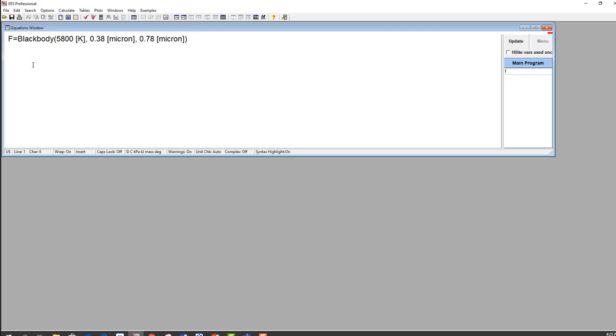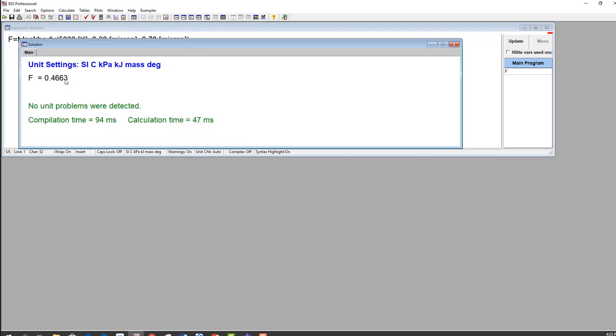So what this should give me is the fraction of the energy emitted by a 5800 Kelvin blackbody that happens between 0.38 microns and 0.78 microns. This is a dimensionless number, F, right? And just to be clear, always the first argument is absolute temperature, and always these wavelengths are in microns. So if I hit solve, 46.6% of the energy emitted by the sun is visible to us, right? Which is, again, pretty cool.